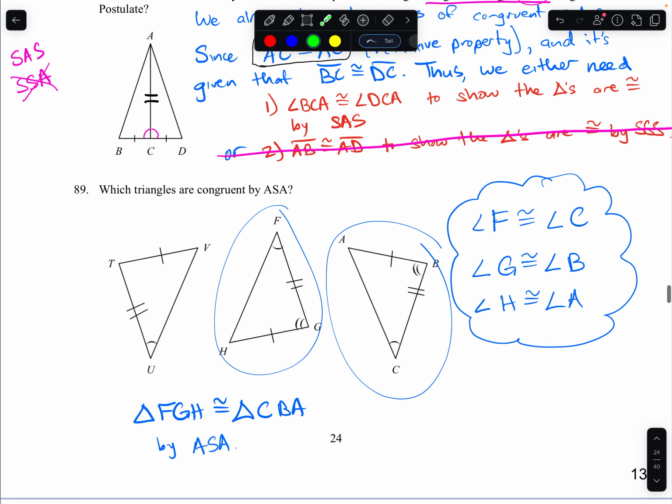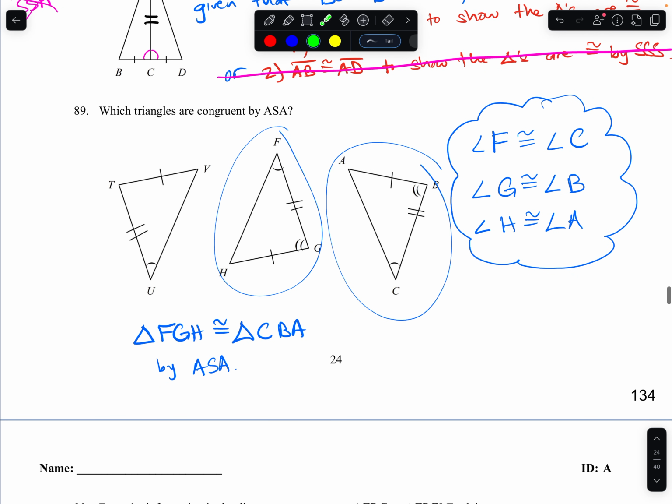Cool. 89. Which triangles are congruent by angle side angle? Notice we have, actually that one is extra information. We don't actually need to know that AB is congruent to HG, but we do have angle side angle. So those two triangles would be congruent by angle side angle.